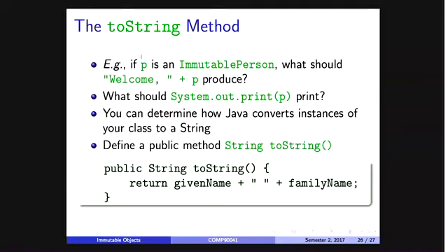What the toString method does is it tells you how you want to display an instance of that type. So toString is an instance method, and it says if you have an instance and you call toString on that, this is what I want to appear.